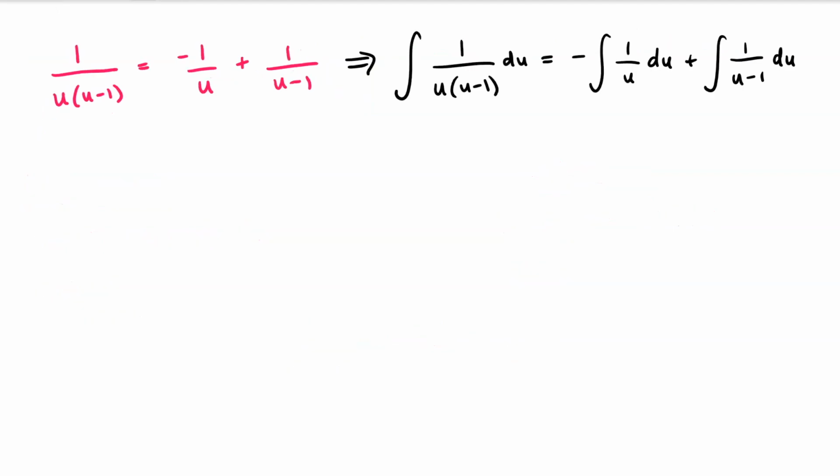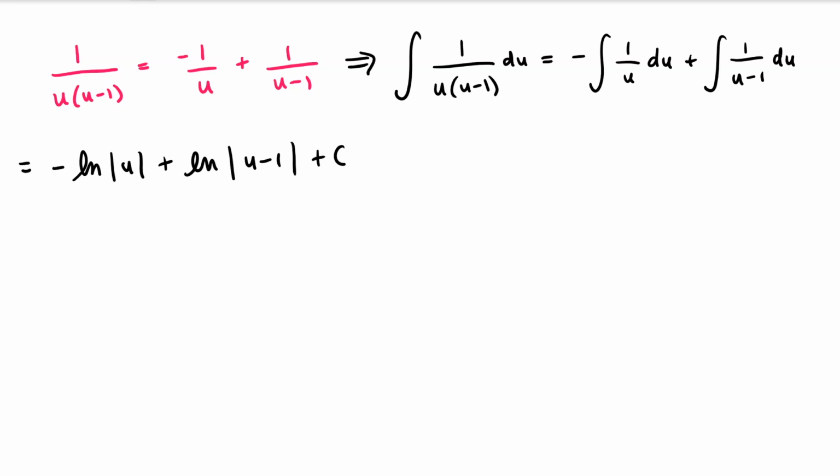So now we're at this point, I've gone ahead and taken that integral and broken it up, and now we can start to integrate. So this is going to end up being negative natural log of the absolute value of u plus the natural log of the absolute value of u minus 1 plus our constant of integration.